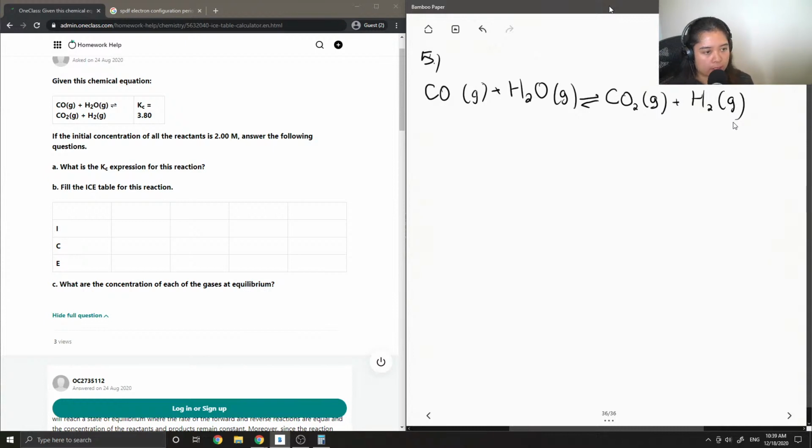Okay, so first let's make sure that the reaction is balanced. We have 1 carbon on each side, 2 oxygens, and 2 hydrogens, so everything is already balanced.